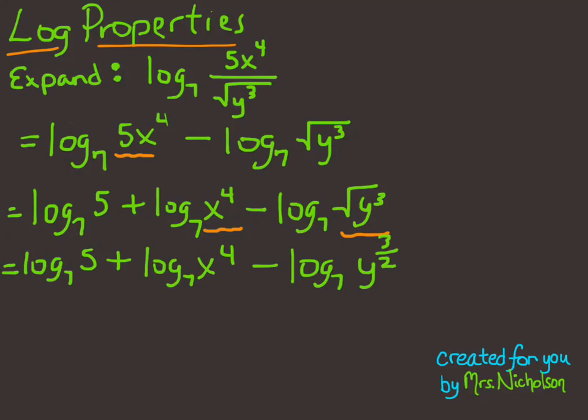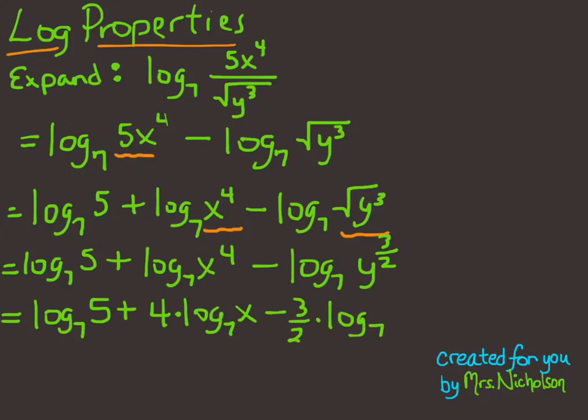And now in my last step, I'm going to take both of those exponents, the 4 and the 3/2, and move them to the front of the log. So my final answer would be log base 7 of 5 plus 4 times log base 7 of x minus 3/2 times log base 7 of y.